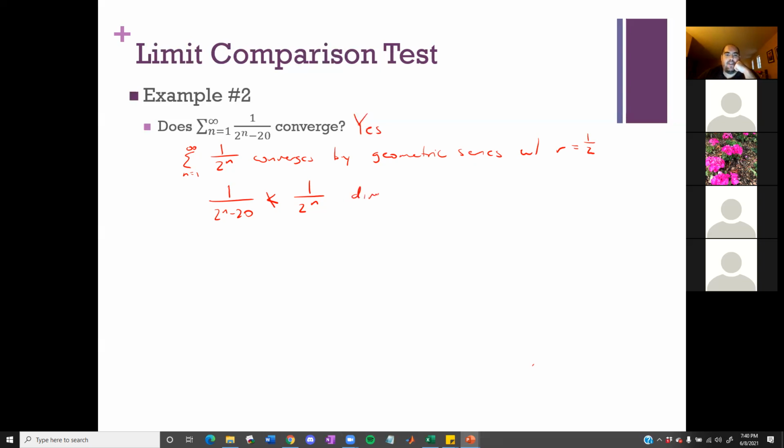So in this case, direct comparison won't work. So let's try limit comparison.